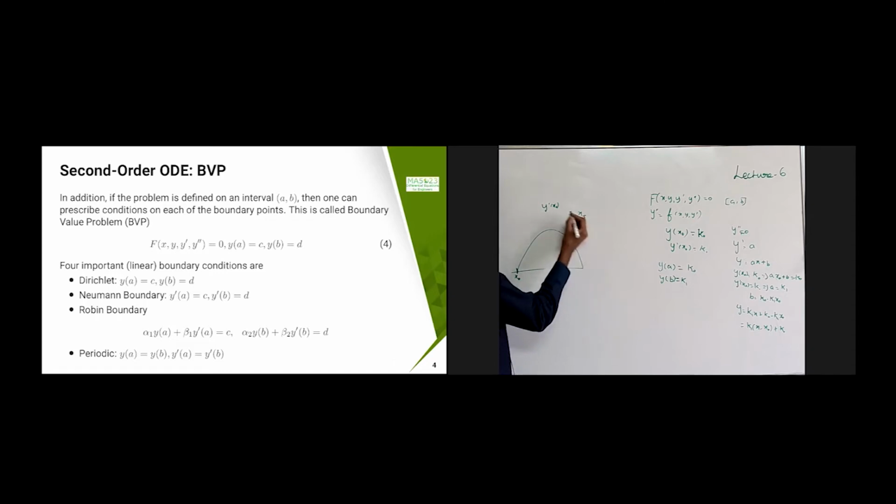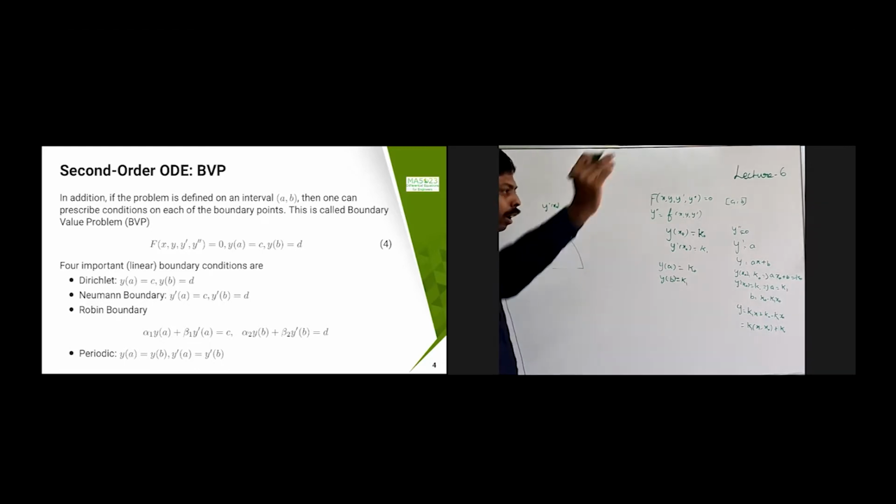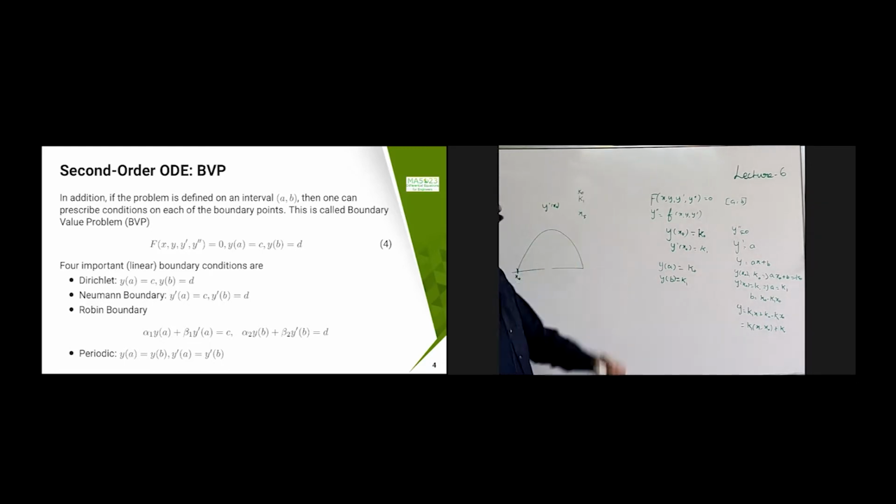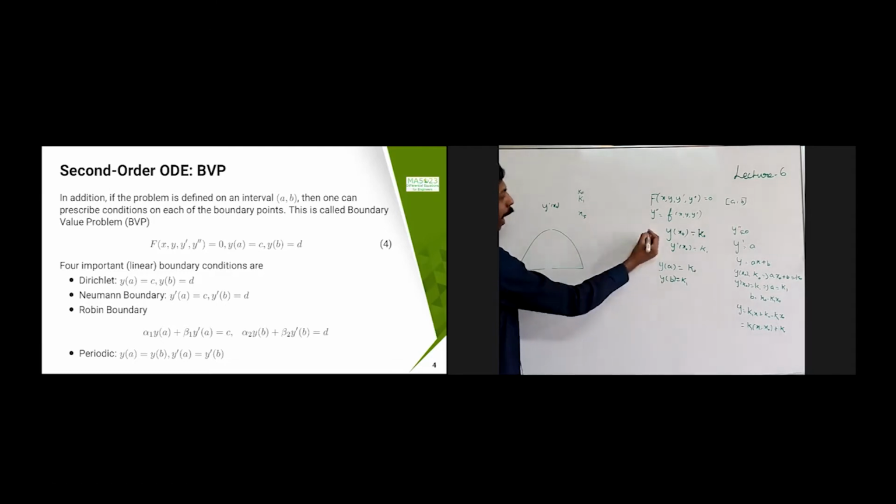The initial position is given as k naught, and the velocity is given as k1. So I'm throwing a ball from here with an initial velocity of, let's say, 5 meters per second. Then I have to see where it is going to land after 5 minutes, whether here or here, and I can observe that from this problem. That is called the initial value problem.